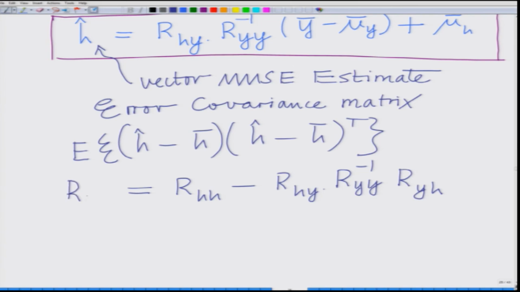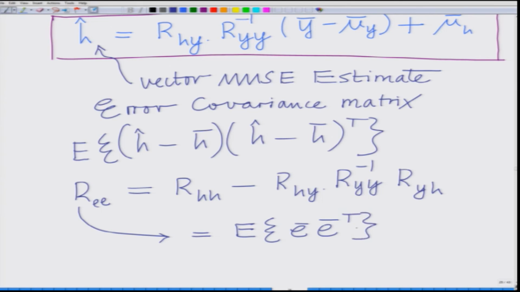So, this is your error covariance matrix. You can also call this R_EE, which is basically equal to the expected value of E bar times E bar transpose, where E bar is the estimation error.